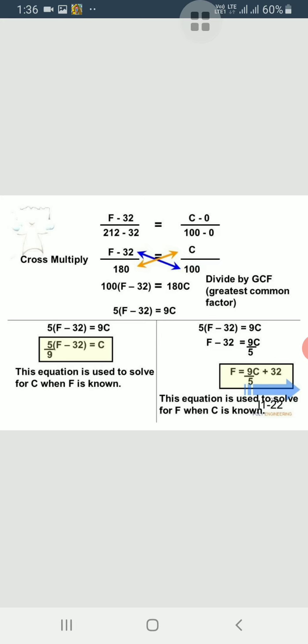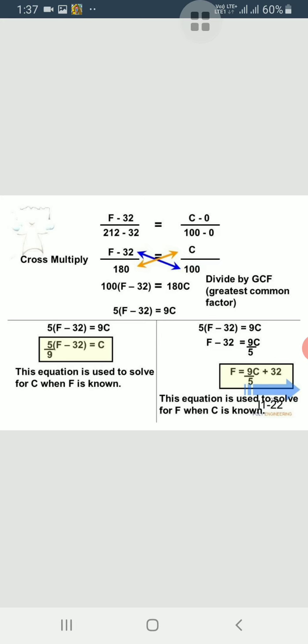Now we will move 9 under the 5. We get 5 by 9 into F minus 32 equals C. Now if you have the value of F, you can easily calculate the value of C, and you can convert the Fahrenheit scale into the Celsius scale.